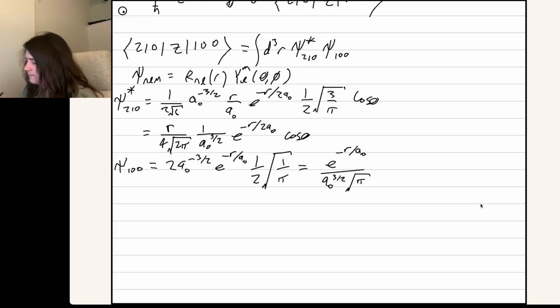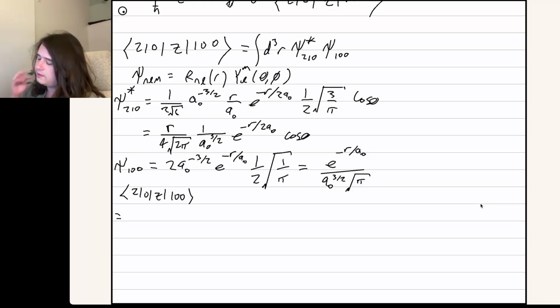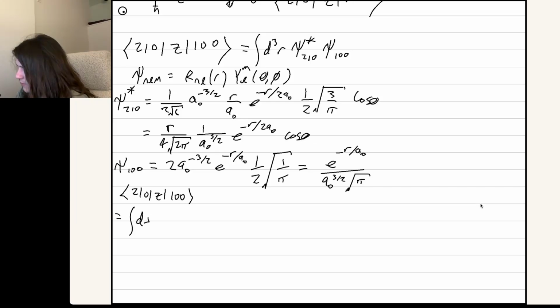So then the big matrix element ⟨2,1,0|z|1,0,0⟩ is now looking like, well, an integral of solid angles, and then an integral from 0 to infinity dr of... yeah, this is a lot of junk, isn't it?